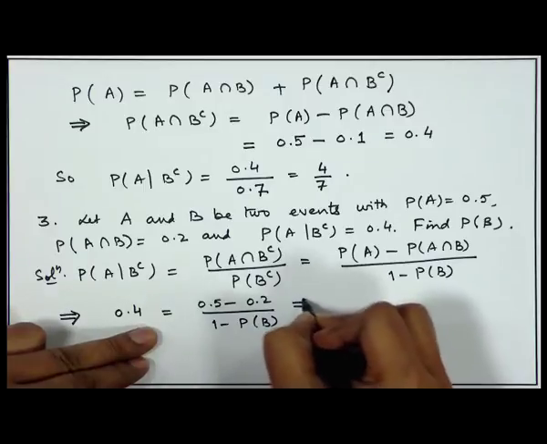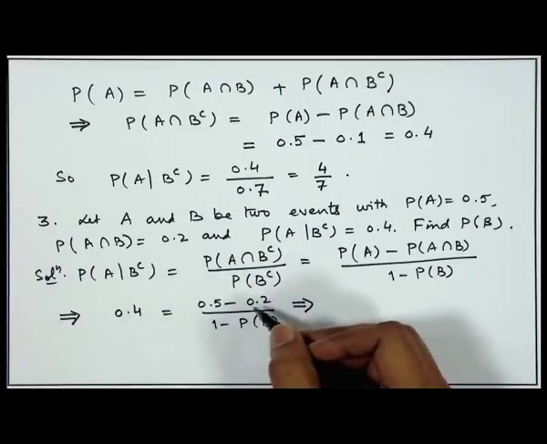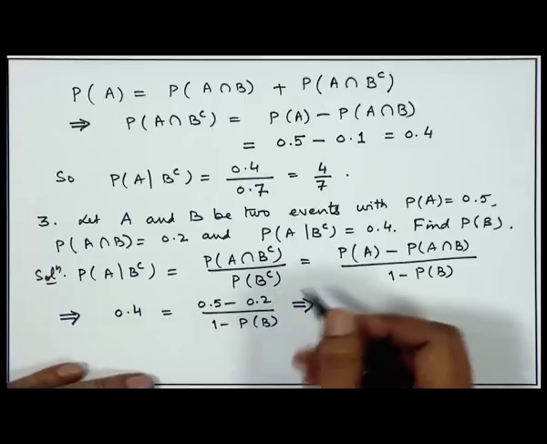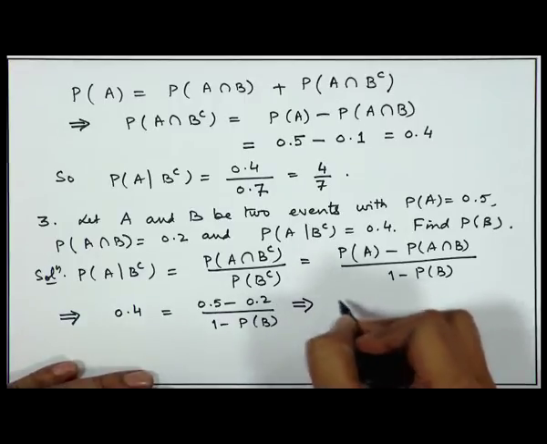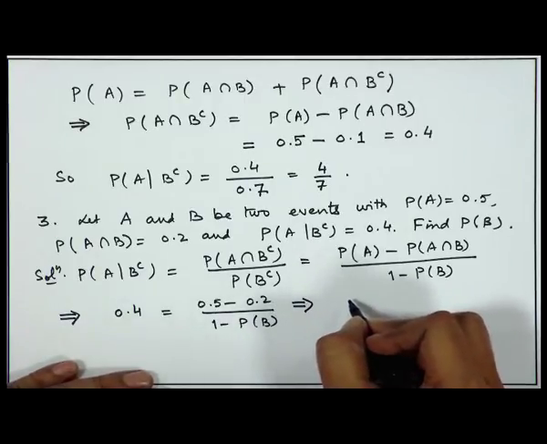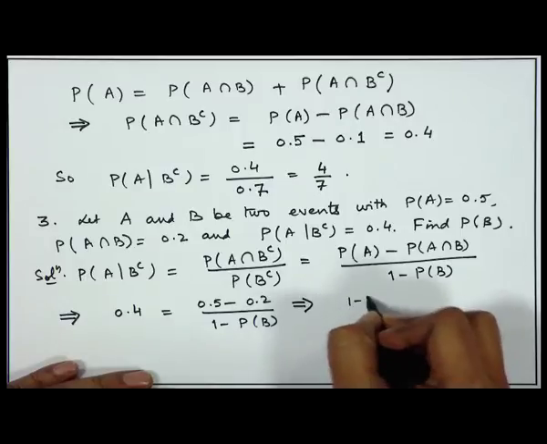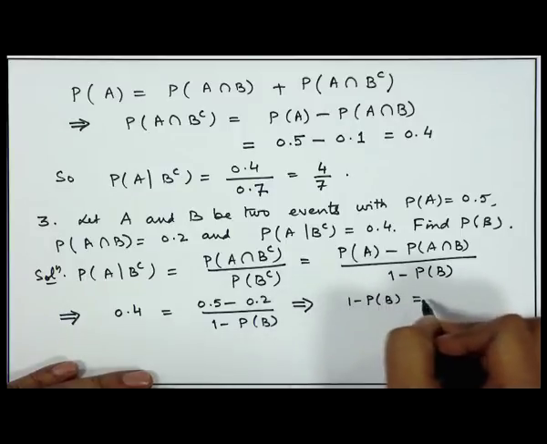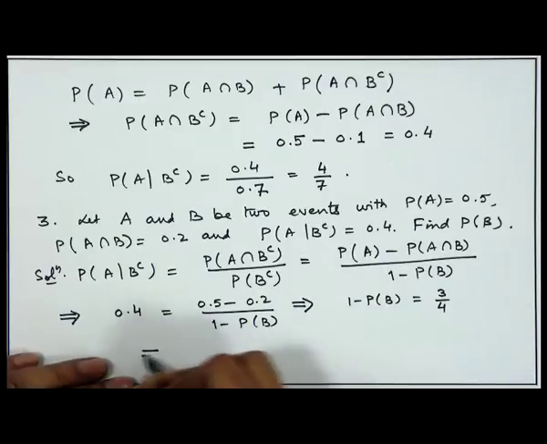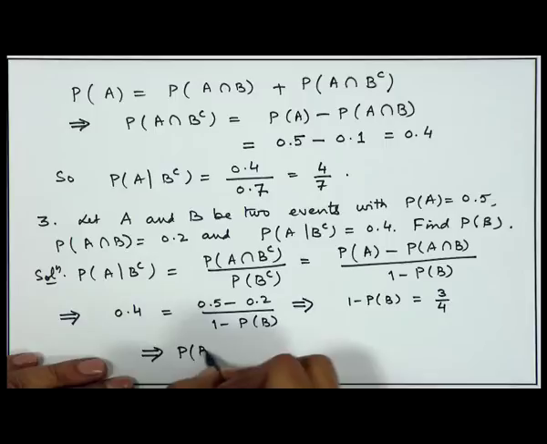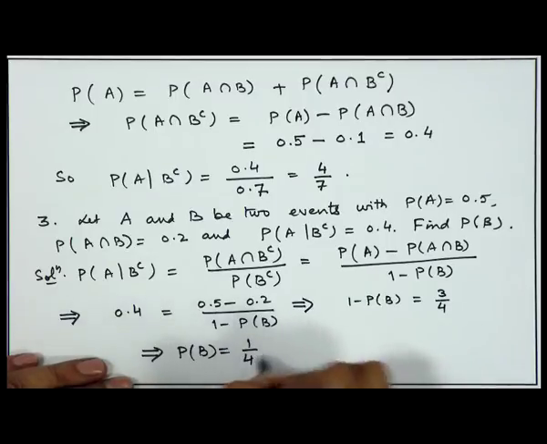So, this is a very simple equation and we can easily solve it. So, we get 1 minus probability of B is equal to 3 by 4, which implies that probability of B is equal to 1 by 4.